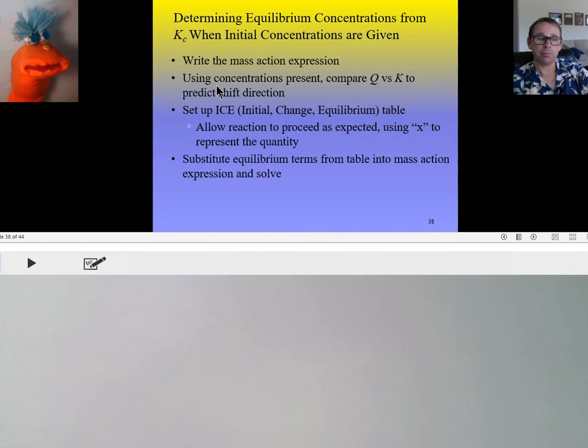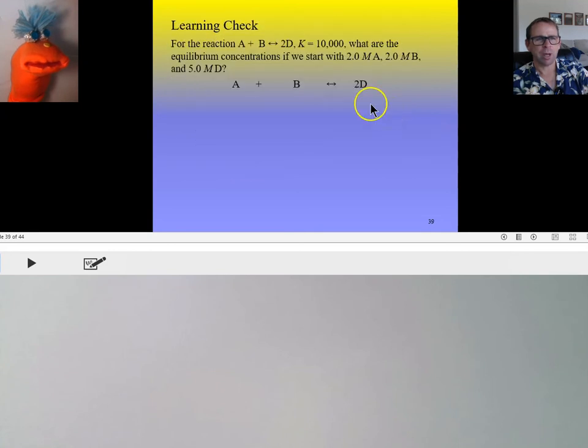Now, this is some fun stuff, interesting math, but it's really powerful when we realize what we can do here. So we're going to be using what's called an icebox, and we'll just get right into it. Here's an example of the reaction. Here's the K value. And we want to know the equilibrium concentrations if we start with 2 molar A, 2 molar B, and 5 molar D. All right?